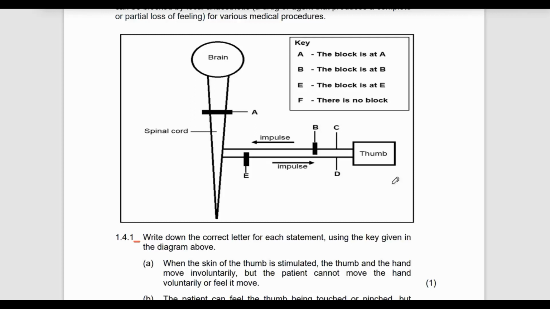So the blockage is at B, because the neuron responsible for sending the impulses to the central nervous system is the sensory neuron, and the sensory neuron is being blocked there. So the blockage is at B, and that's how it goes.